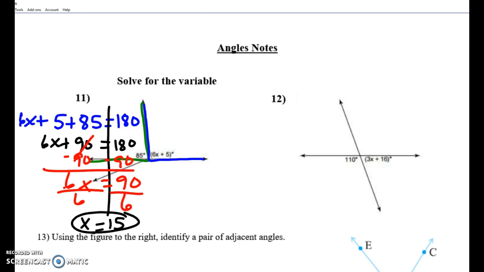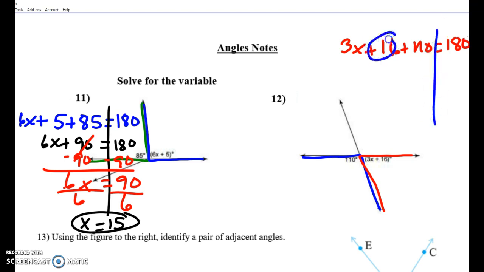Same thing with example 12. Again, the two given angles I have to be able to recognize are supplementary. So because it's supplementary, I'm going to combine my like terms and make it equal 180. 3x plus 16 plus 110 equals 180. Combine my like terms. 16 and 110 combine to equal 126.